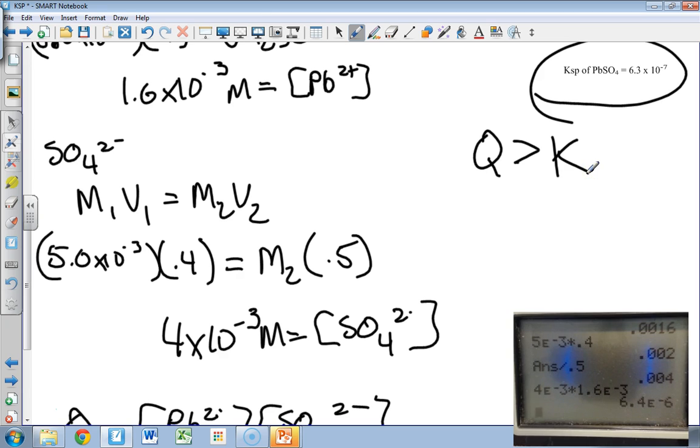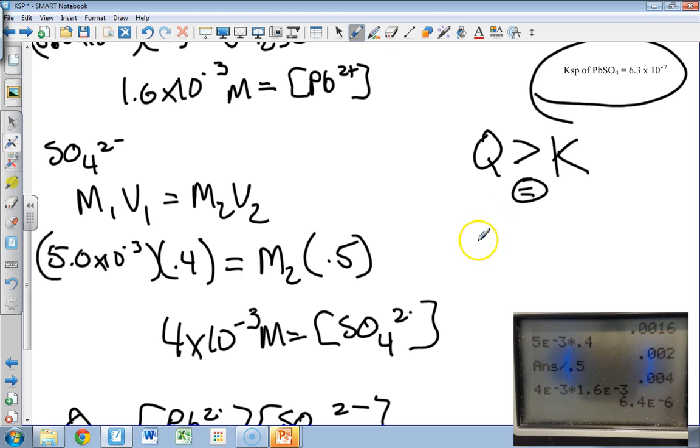Now, I never memorize those rules, like if Q is greater than K, it shifts this way, if K is greater than Q, whatever. What I know is the chemistry behind it. And the chemistry is that K and Q are trying to become equal. It's trying to reach equilibrium. So if Q is greater than K, Q has to get smaller.